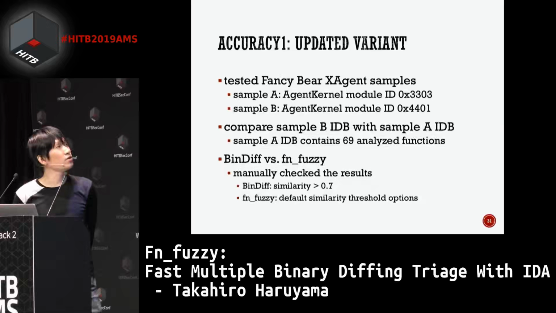I manually checked the results generated by BinDiff and FNFuzzy. In BinDiff, I checked all functions whose similarity is more than 0.7. In FNFuzzy, I checked the functions detected with default similarity threshold options.